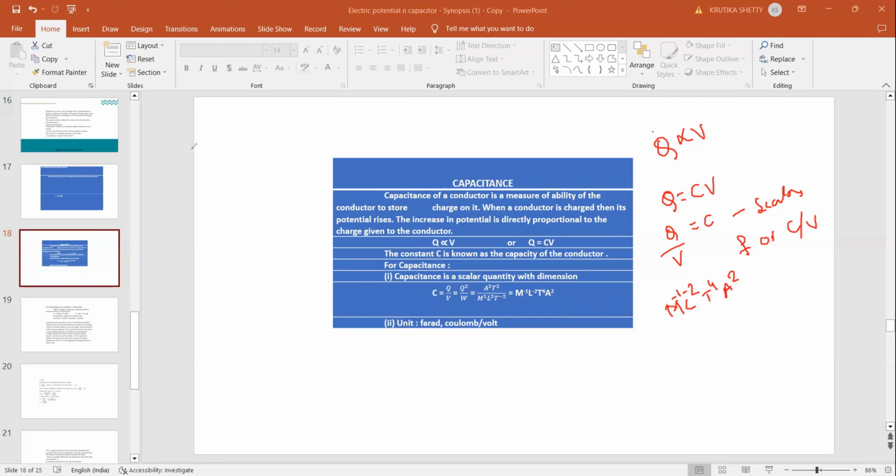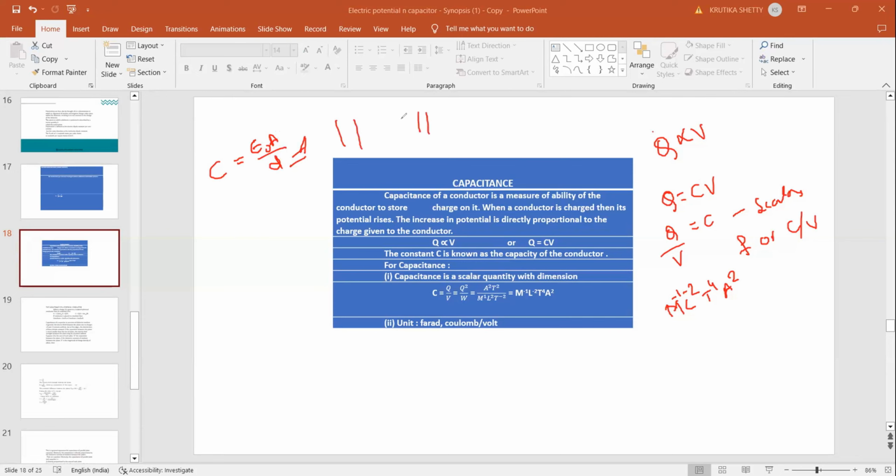Okay. The capacitance of a parallel plate capacitor is given by epsilon naught into A divided by D. This is when free space is there between the two parallel plates.